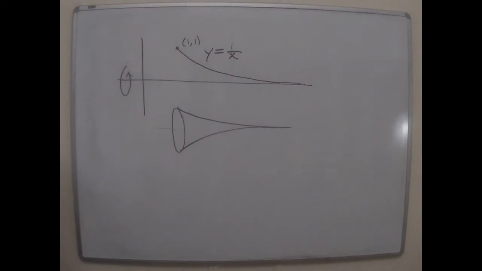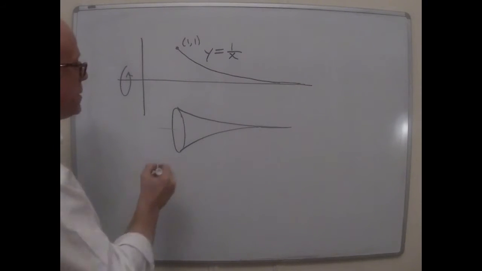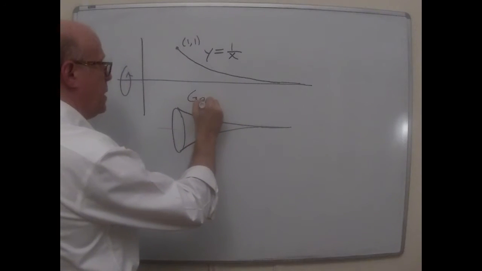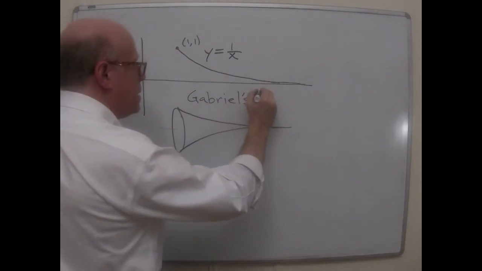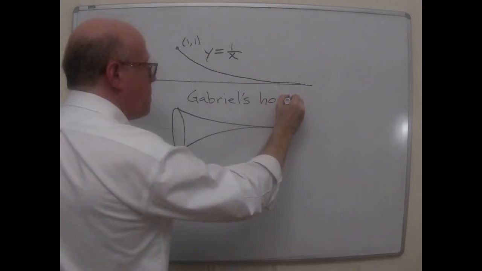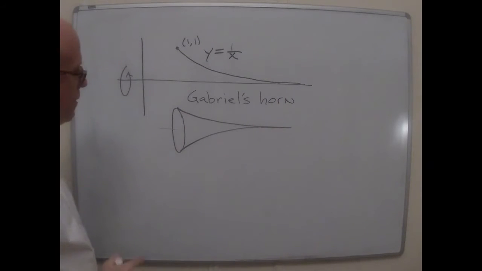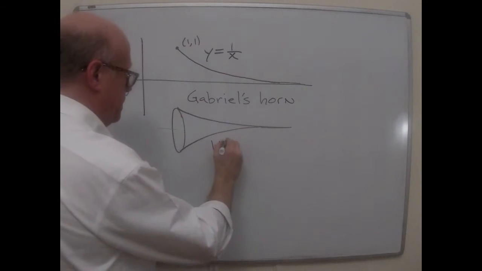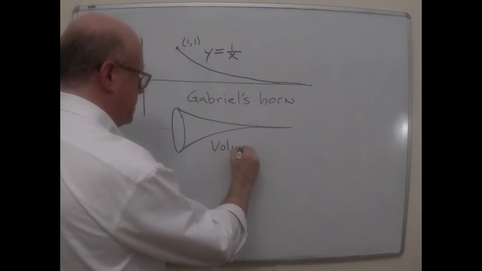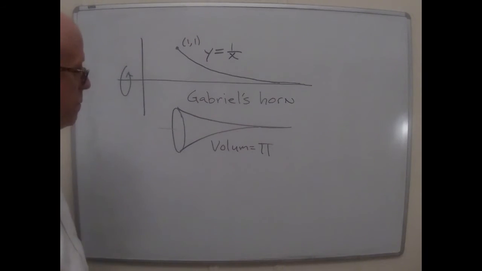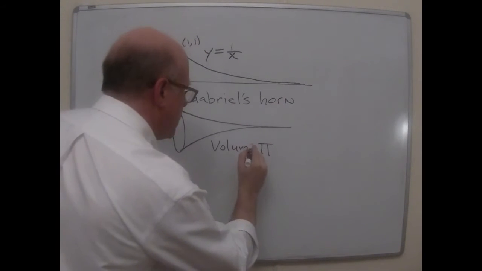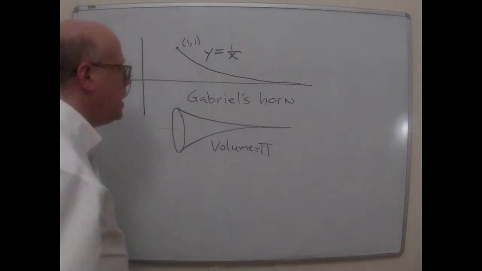Now, the amazing thing about this so-called Gabriel's horn, which I love the name, is that it's got a finite volume. The volume of this object is, in fact, pi. So, volume equals pi.